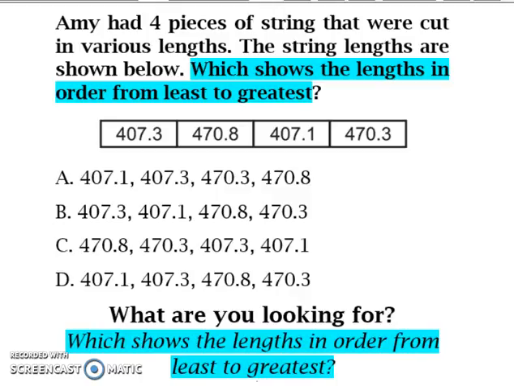And again, it must gradually go from smallest to largest. It can't be a smaller number, then a larger number, then a smaller number, or start with a larger number and go to a smaller number. It must start off with a smaller number and gradually grow in length to the larger number.